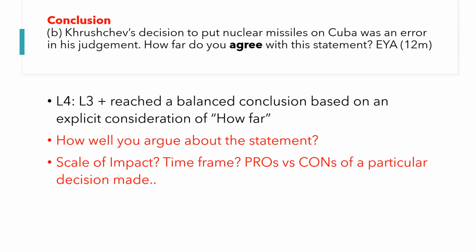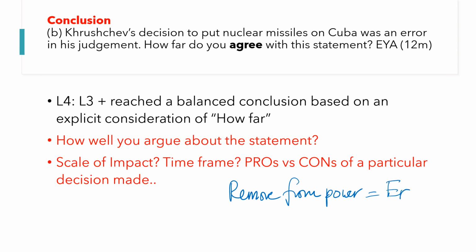Now, conclusion, as I was saying, requires you to balance things. How far do you think Khrushchev's decision was an error? The very fact that he was removed from power tells you that his error was a big error, correct?